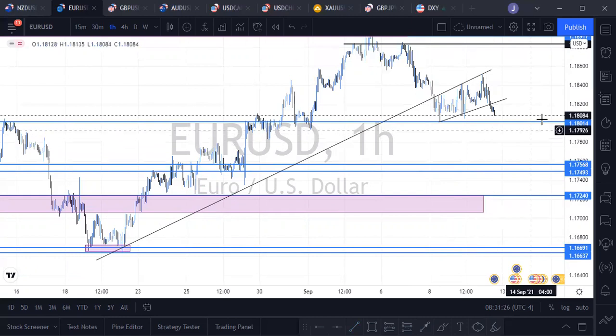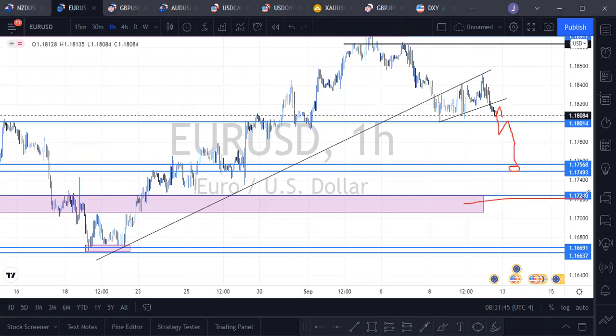Okay, so looking at it now, price might either come back a bit before coming down, or price can come down, then break this level, retest before coming to this zone. This is first target, then the last target is this point. All right, so on Euro USD, I am bearish on Euro USD, guys.